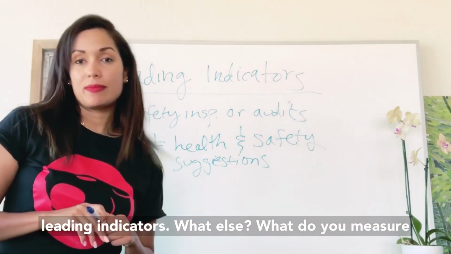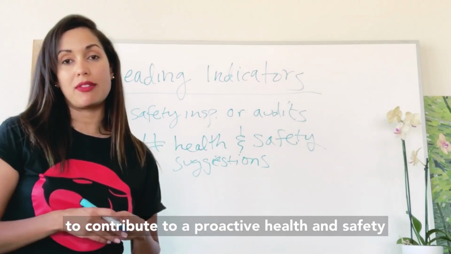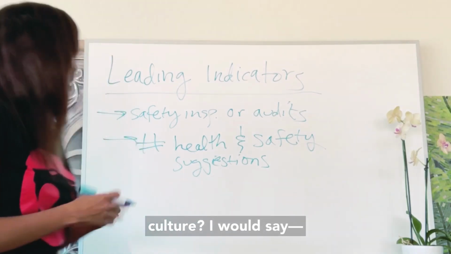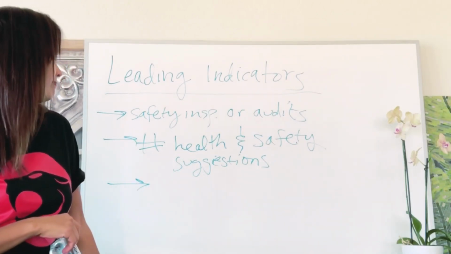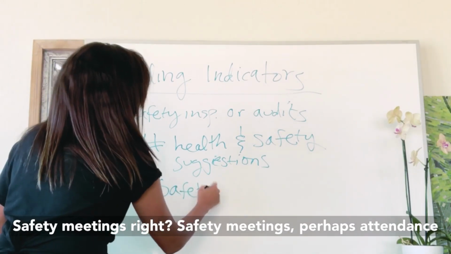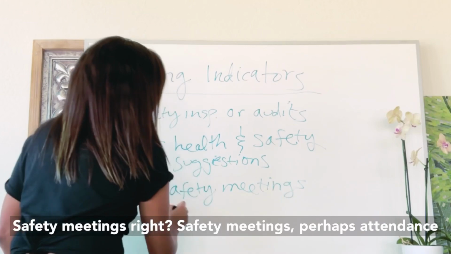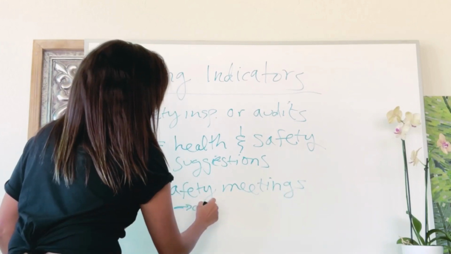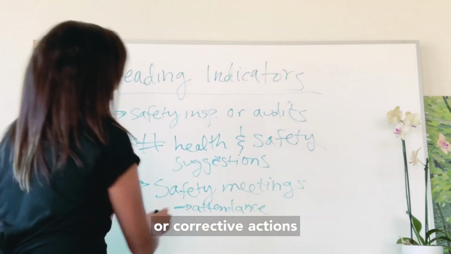What else? What do you measure to contribute to a proactive health and safety culture? I would say safety meetings, right? Safety meetings. Perhaps attendance or corrective actions.